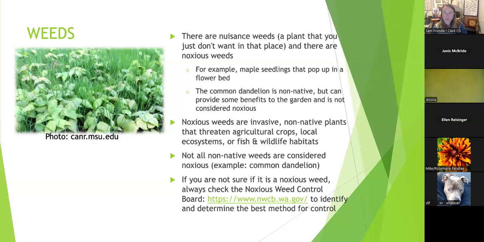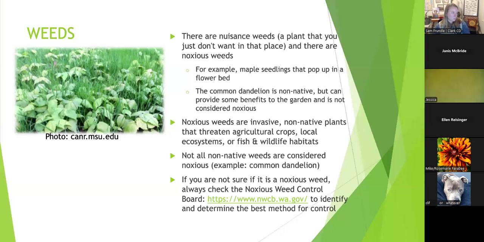It is a weed, but it's not a noxious weed. If you want to know what is a noxious weed, you want to check with your noxious weed control board, and find out what's the best method for control. They give you ways to remove this stuff. Some of these weeds would best be treated with some chemical application, but it describes that in there.